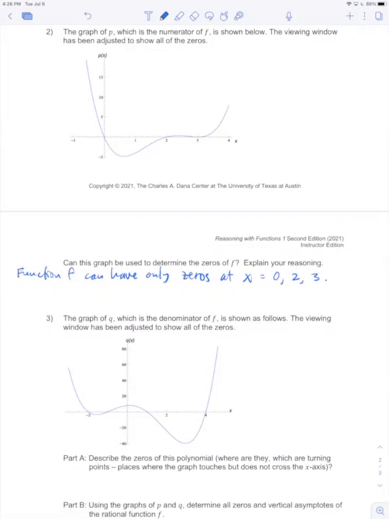So we could state here for part A, the zeros are when x is equal to -2, -1, 1, and 4. And we could say no zeros are turning points.